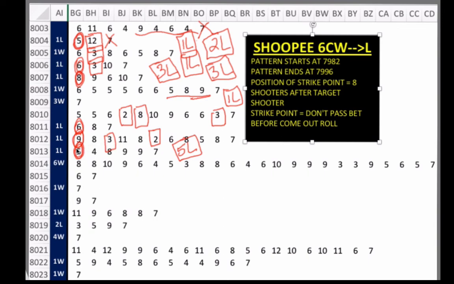It's okay to share that 5. So this is loss number 1. That 6 is loss number 2. And that 5, although it's part of the 5 loss series, is also a part of this, so that's loss number 3. So we're going to call that a 3 loss series.